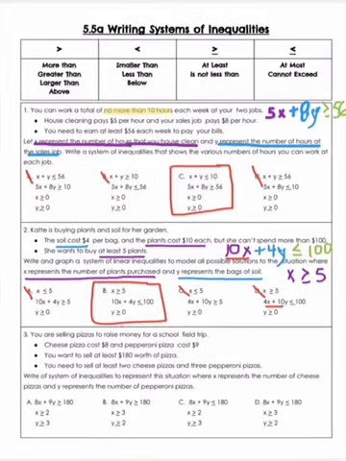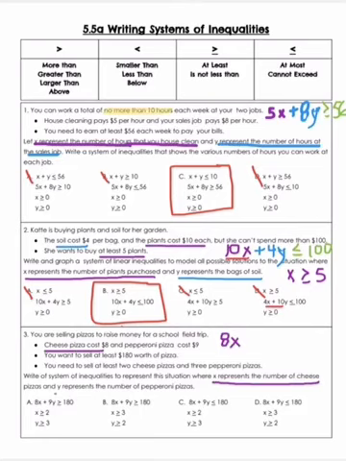Okay, last but not least. You are selling pizzas to raise money for a school trip, and the cheese pizzas cost $8 each, and pepperoni cost $9. So let's go back and look here. X is cheese and Y is pepperoni. So X is cheese, and so that's going to be 8X.